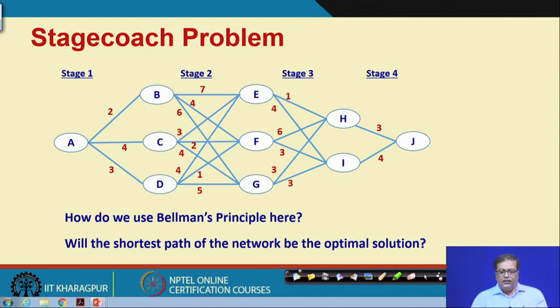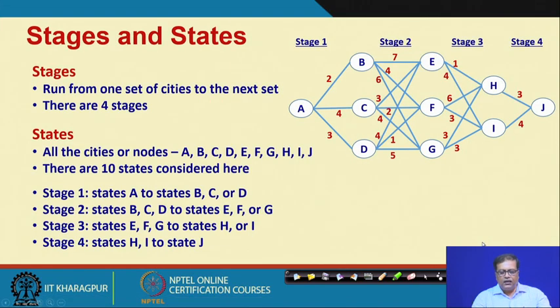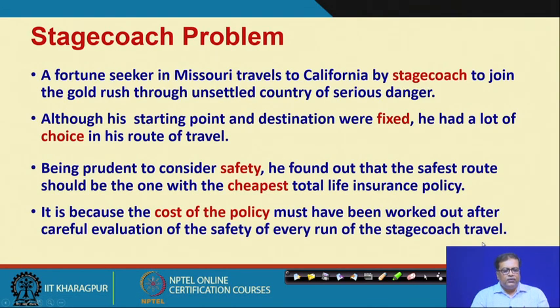But before even that, let us see how the stagecoach problem originally originated. The story goes like this: somewhere around 1900s, a fortune seeker in Missouri travels to California by stagecoach to join the gold rush through unsettled country of serious danger.